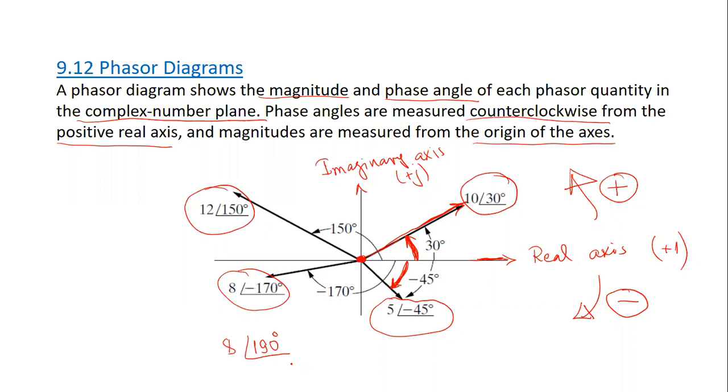Is the angle positive or negative? It's positive. Okay, so I need to go in the clockwise direction or in the counterclockwise direction? Counterclockwise. So I need to measure 190 in the counterclockwise direction, right?